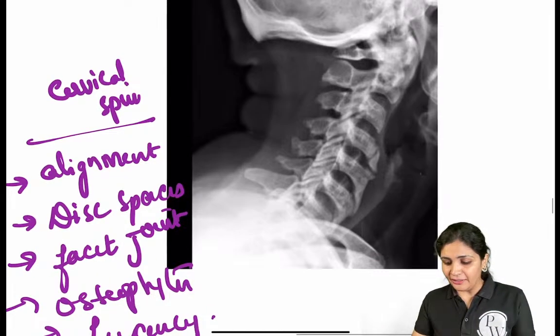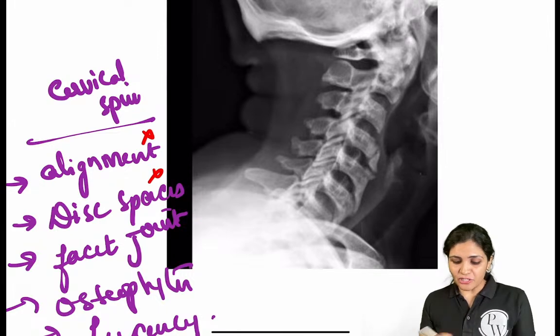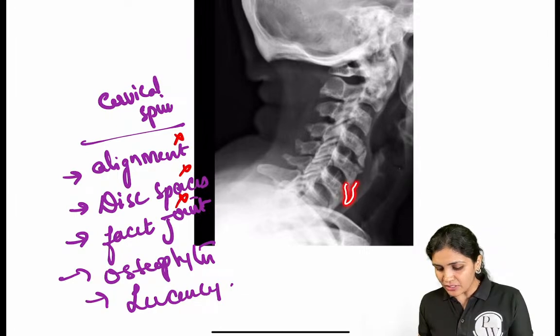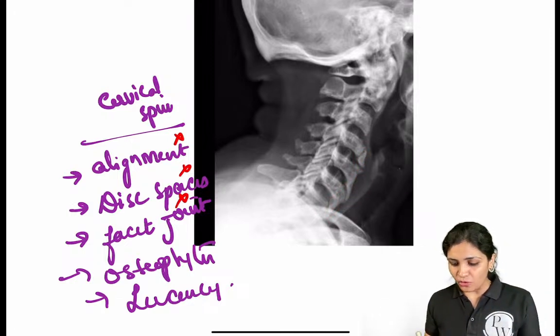So here the alignment is straight, there is no problem with the alignment, right? The disc spaces are very well maintained, the facet joints are also normal. If you carefully examine, there is an extension of the bone. These are nothing but your osteophytes, which are continued, and seen in the lower part of the vertebrae.